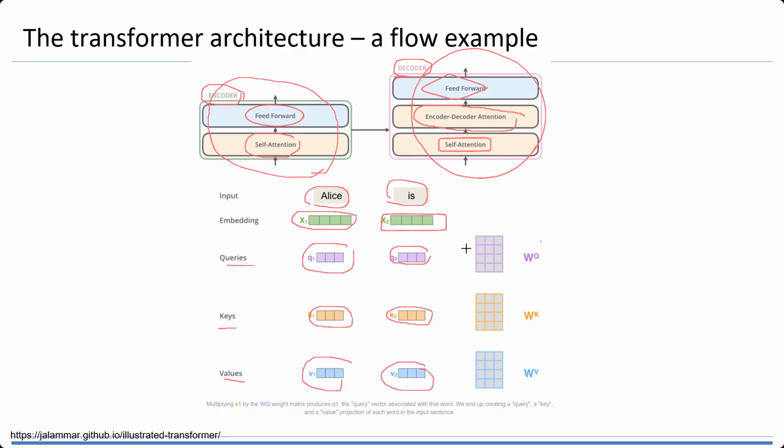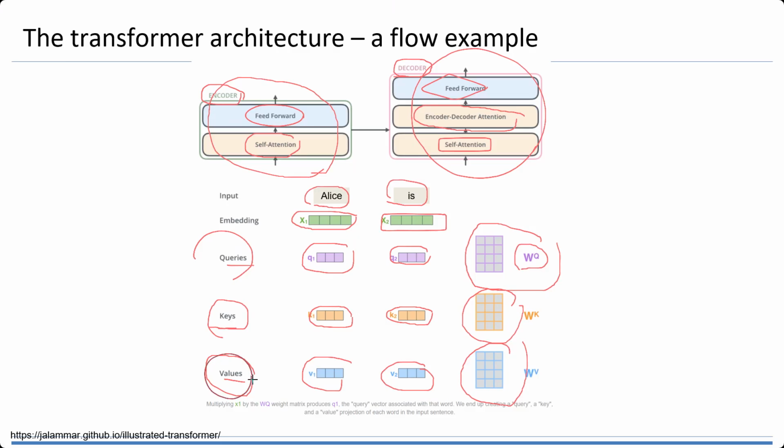We have WQ for the query matrix, WK for the key matrix, and WV for the value matrix, and we just perform the multiplication like what we did before: x multiplied by WQ, x multiplied by WK, and x multiplied by WV.